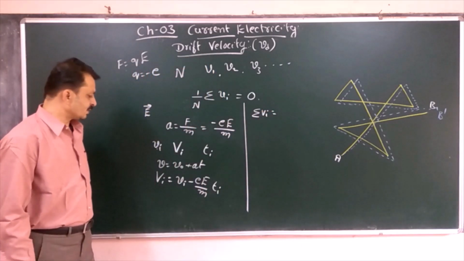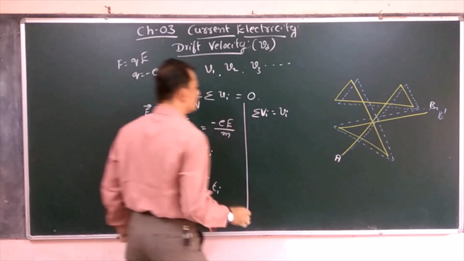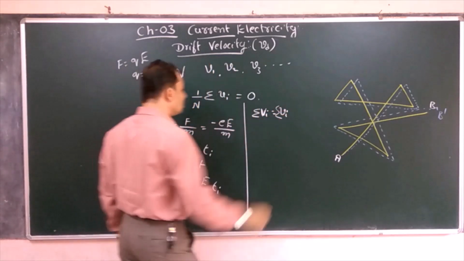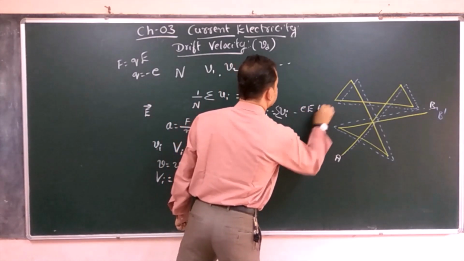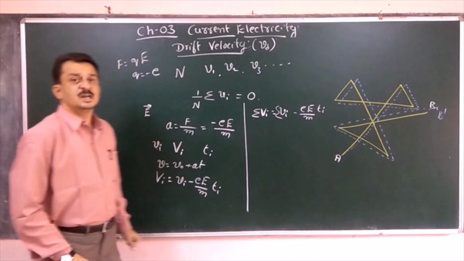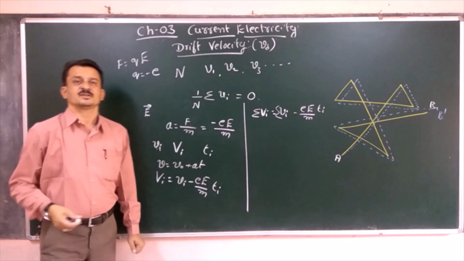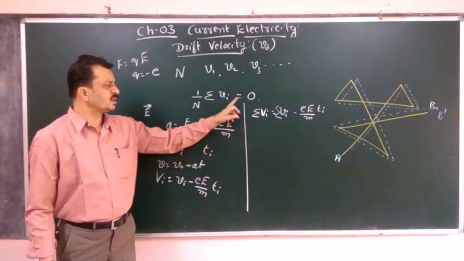Sigma Vi, that is equal to capital Vi, which is equal to small Vi sigma notation minus E Ti divided by M. If I take the average, what do I have to do?